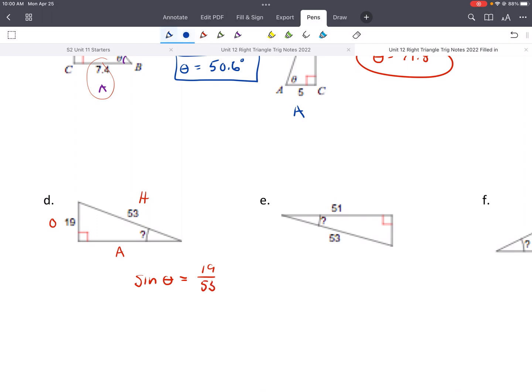Again, we need to get theta by itself, so we'd use sine inverse of both sides. So theta equals second sine of 19 divided by 53. And I got 21 degrees.